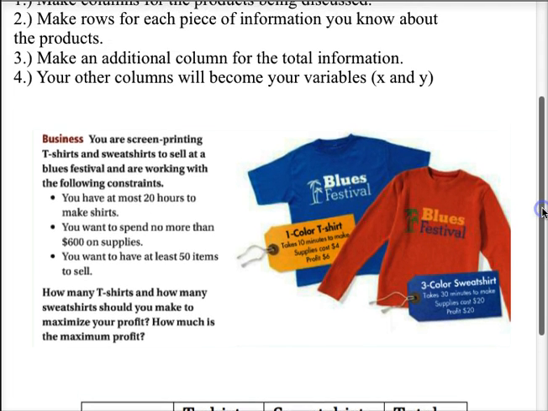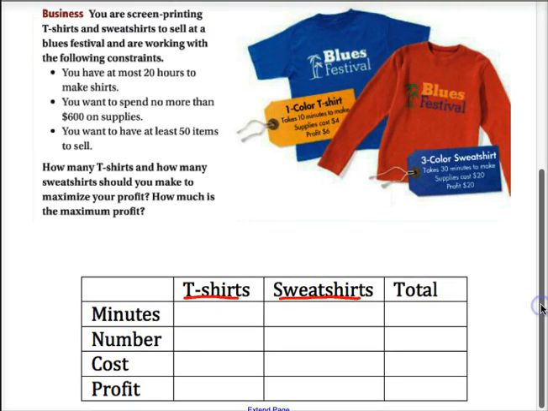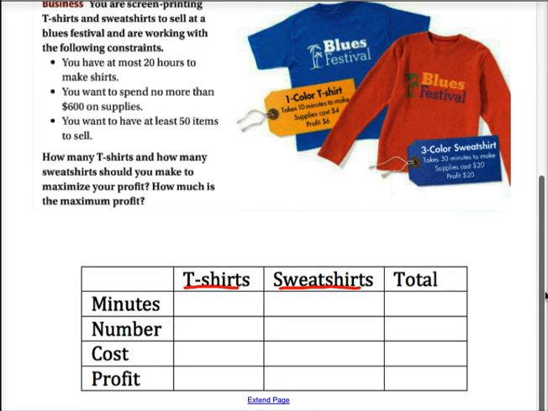Then any information you get about the products, you make into your rows. So here you'll see we get information about the minutes, the amount, the cost, and the profit.